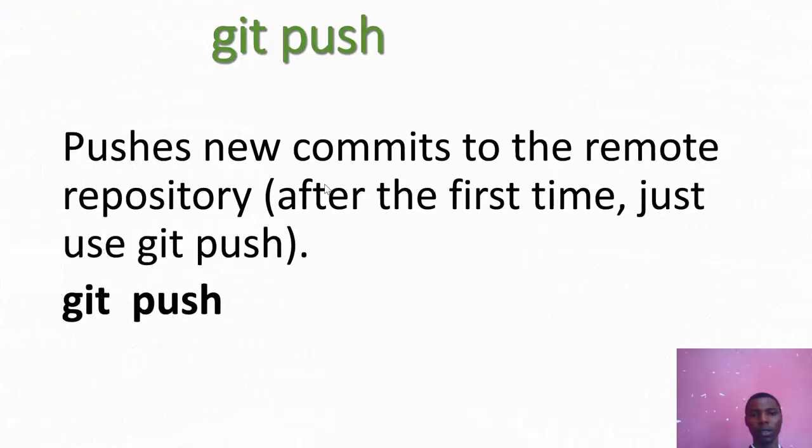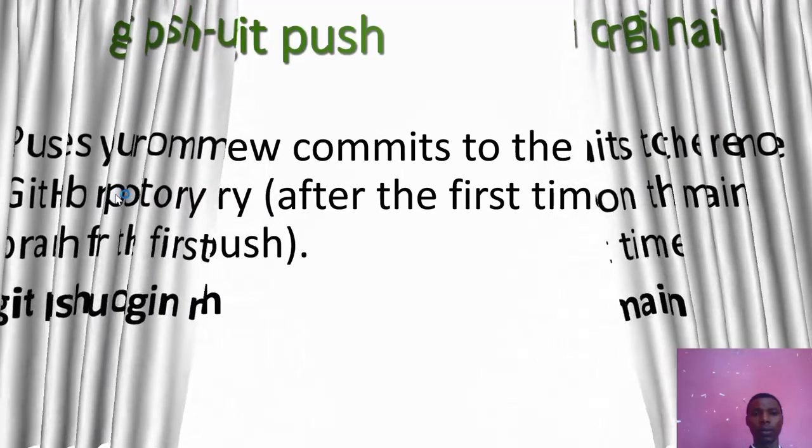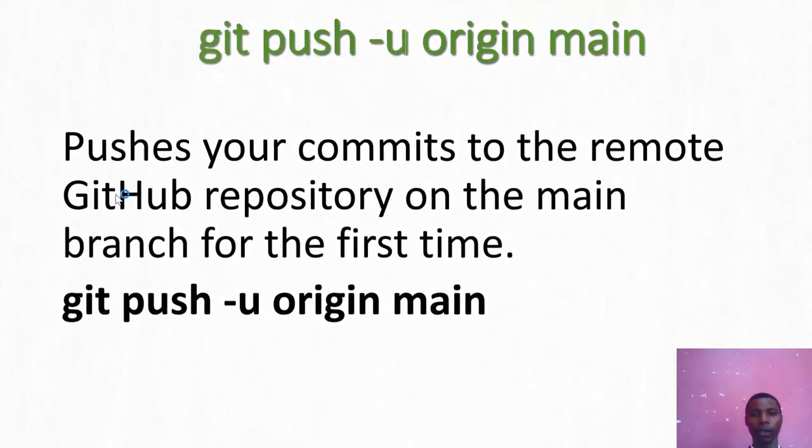Git push a new commit to the remote repository after the first time. Just the first time it is recommended to use this one. But before you push you have to add everything.